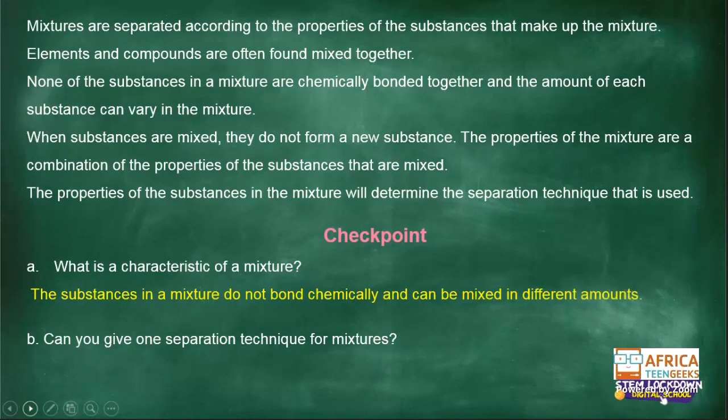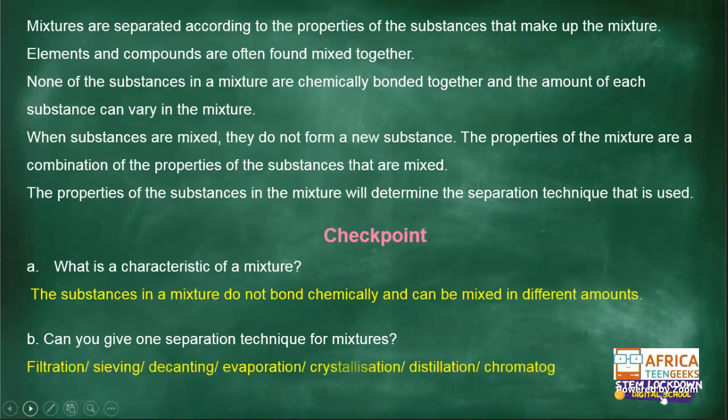So the mixtures, we're talking very well, Tashida. They are not chemically bonded. Well done. And then a separation technique is one of those I told you above: filtration, sieving, decanting, evaporation. Flavor said it helps separate things. Well done. It helps separating objects or substances.